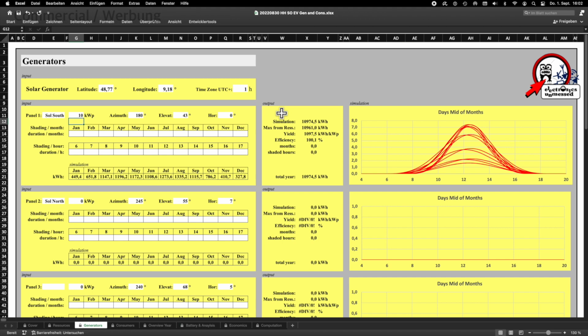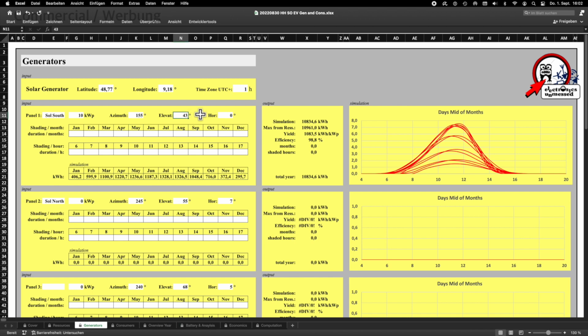The figure, which I called efficiency, should be about 100% then. We expect that this figure is getting worse the more we deviate from the optimum orientation. Now let's insert the real orientation of our panel 1.